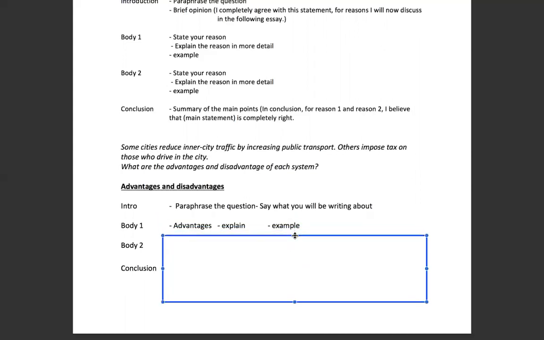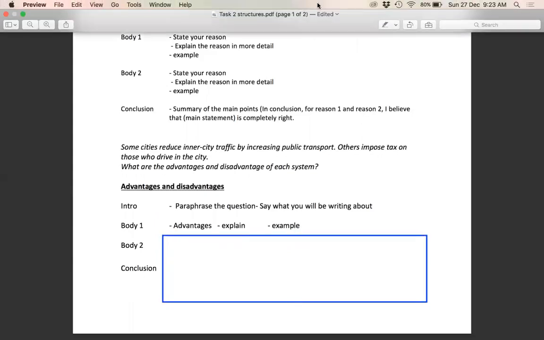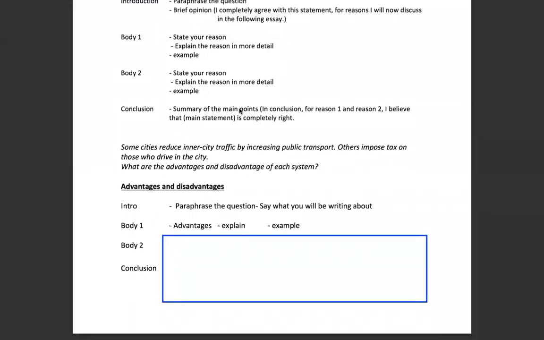In body 1, we mention the advantages. If there's 2 statements, then we need to talk about the advantages of both. Okay, so if there's 2, you would talk about the advantages of number 1 and then the advantages of number 2. Right, sometimes there's only 1 statement.